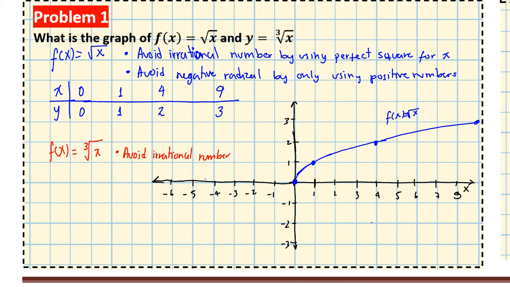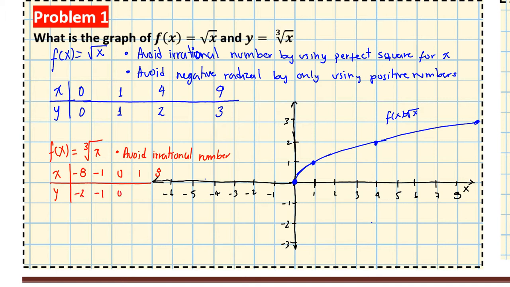Okay, so you have x, y. The perfect cube roots that I'm going to pick are negative 8, negative 1, 0, 1, and 8. With the y coordinates of negative 2, negative 1, 0, 1, and 2.